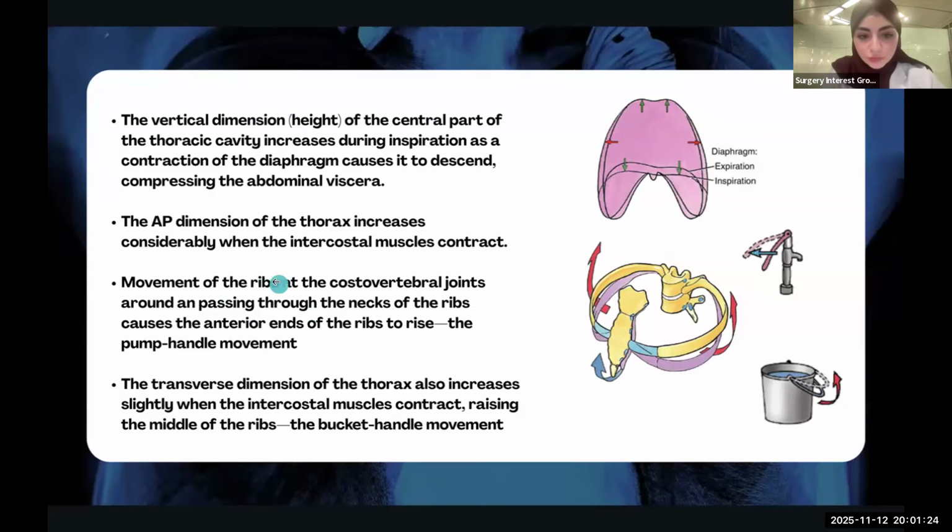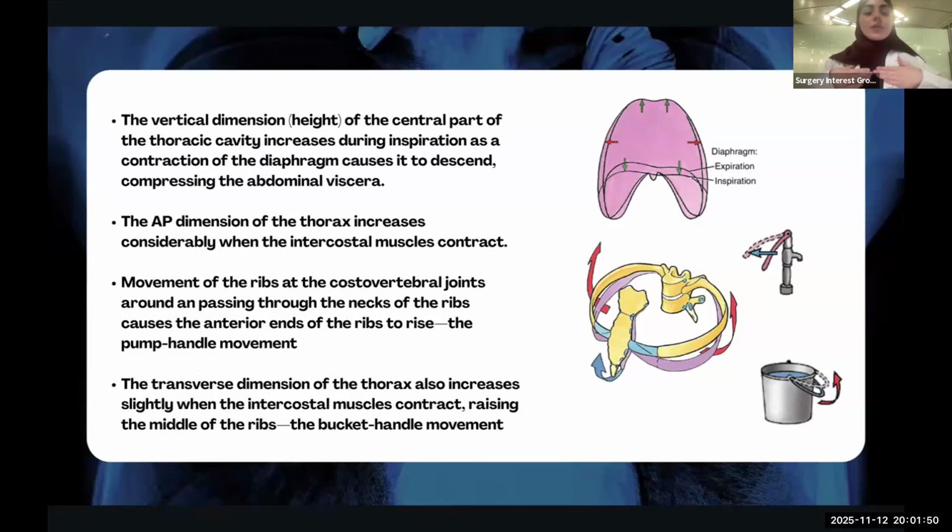Now, what about the movement of the ribs at the costovertebral joints? Hold on, we mentioned this. Okay, pump handle movement. It's basically the movement right here at the sternum. So it's going to be out and up, out and up. What's responsible for this is, again, just like the AP diameter, the external intercostals.